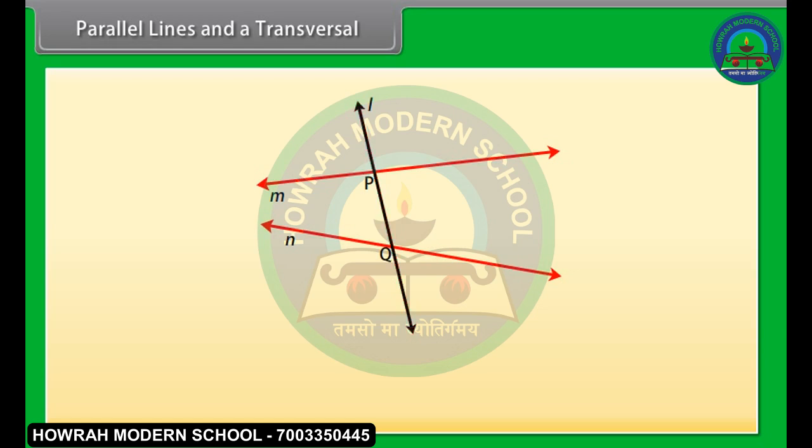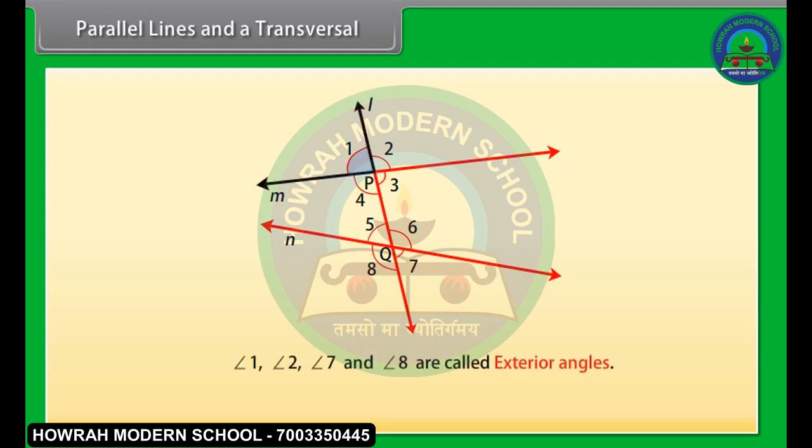Therefore, line L is a transversal for lines M and N. Observe that four angles are formed at each of the points P and Q. Let us name these angles as angle 1, angle 2, angle 3, angle 4, angle 5, angle 6, angle 7, and angle 8. Angle 1, angle 2, angle 7, and angle 8 are called exterior angles, while angle 3, angle 4, angle 5, and angle 6 are called interior angles.